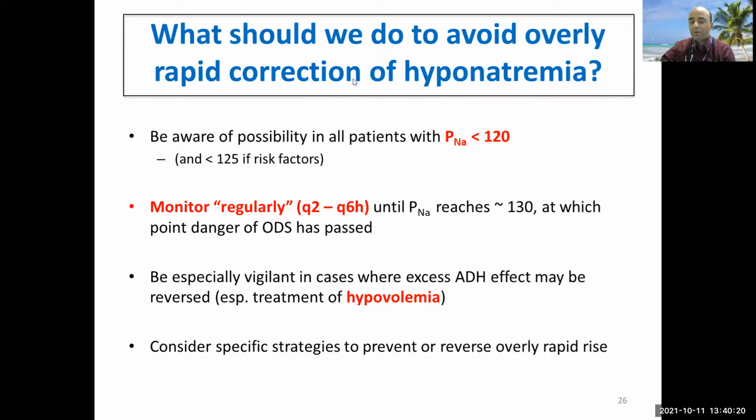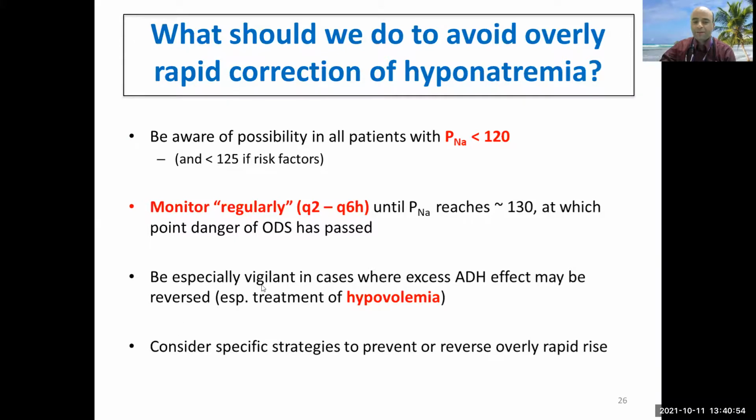To avoid overcorrection or rapid correction, you should monitor your serum sodium regularly, every 2 hours if the patient is in ICU, or every 4 to 6 hours if the patient is on the ward. Your target is to reach 130. This is not within 1 day. This is our hope, to return back to 130 by a maximum of around 10 to 8 millimole daily.